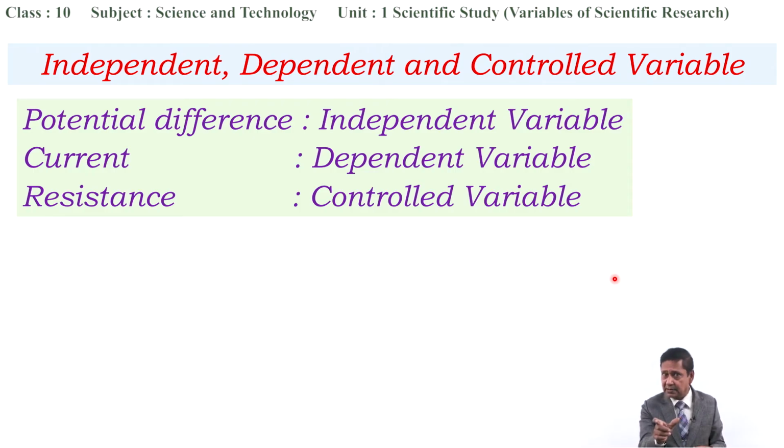Length is not increased, thickness is not increased or decreased, temperature is not increased or decreased, and we are not changing to another resistor. That's why the resistance of the resistor is the same. So resistance is the controlled variable throughout the experiment. Is this clear? Now I think you are clear about this. We have taken the variables related to electricity also.